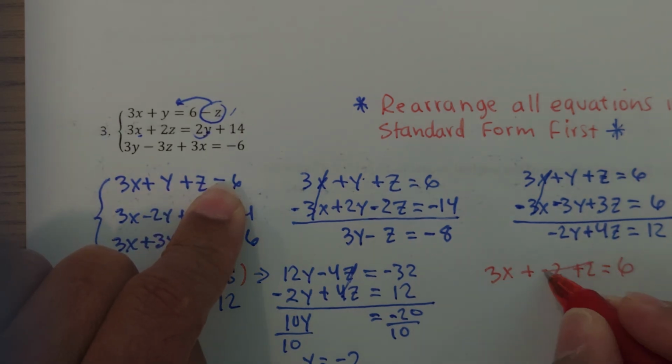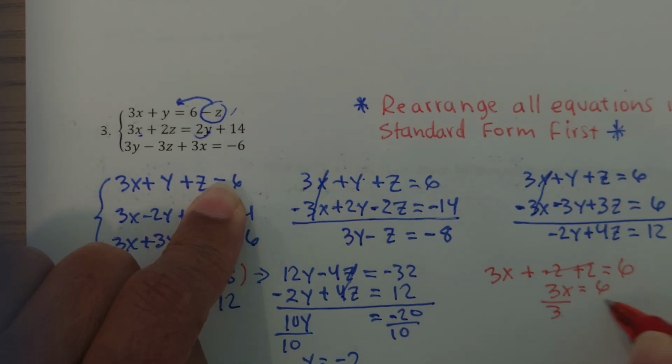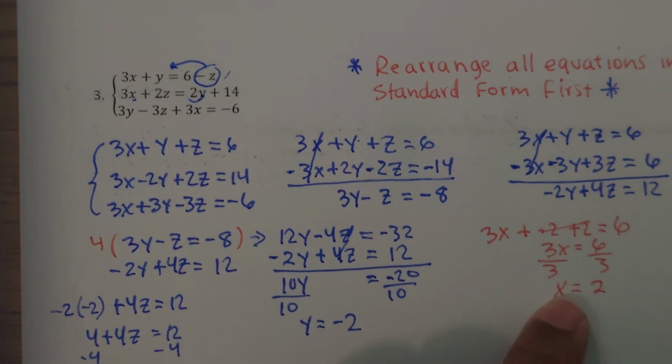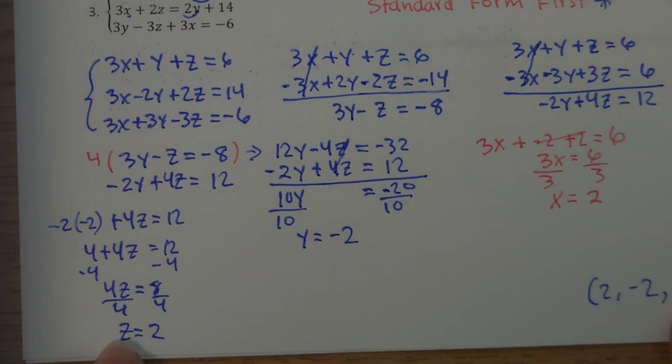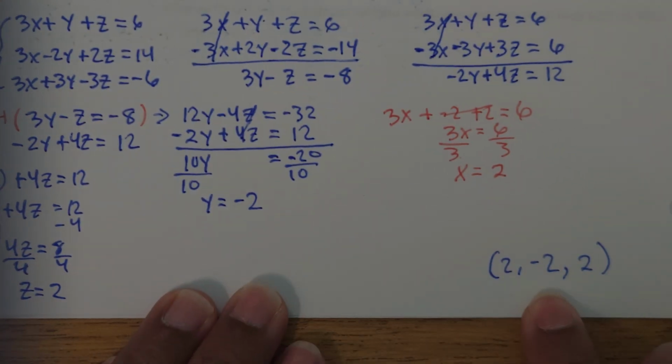So then the 2's cancel. So we just have 3x equals 6. Then we divide by 3. So we find that the x-coordinate is positive 2. So x is positive 2, y is negative 2, and z is positive 2. So this is the solution to this system of equations.